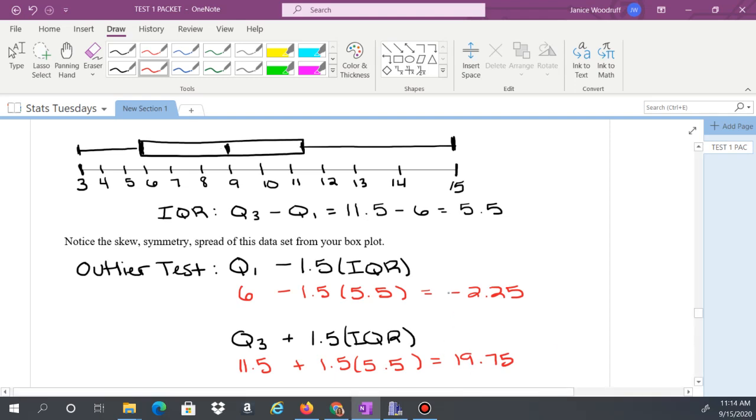So if it's less than negative 2.25 or greater than 19.75, then it would be an outlier. And that's how you test for the true outliers in your data set.